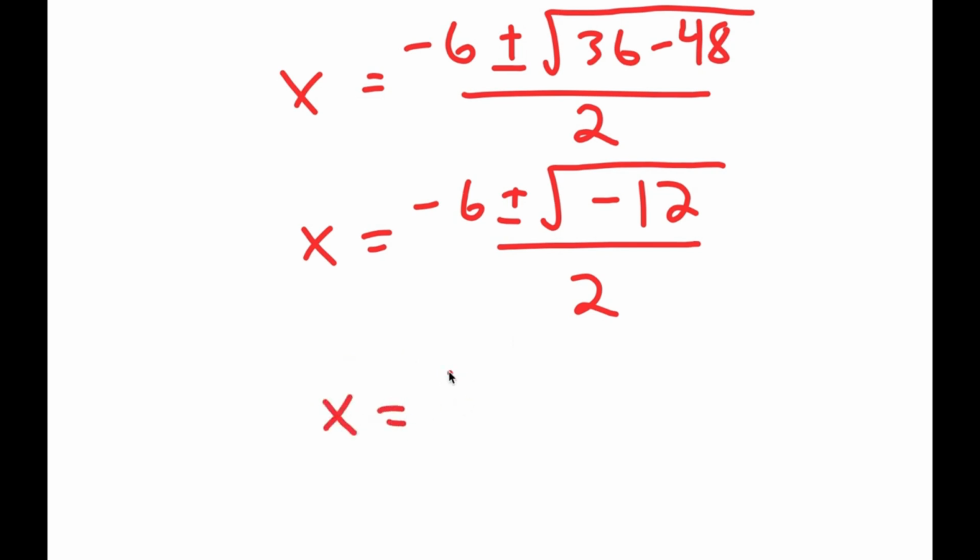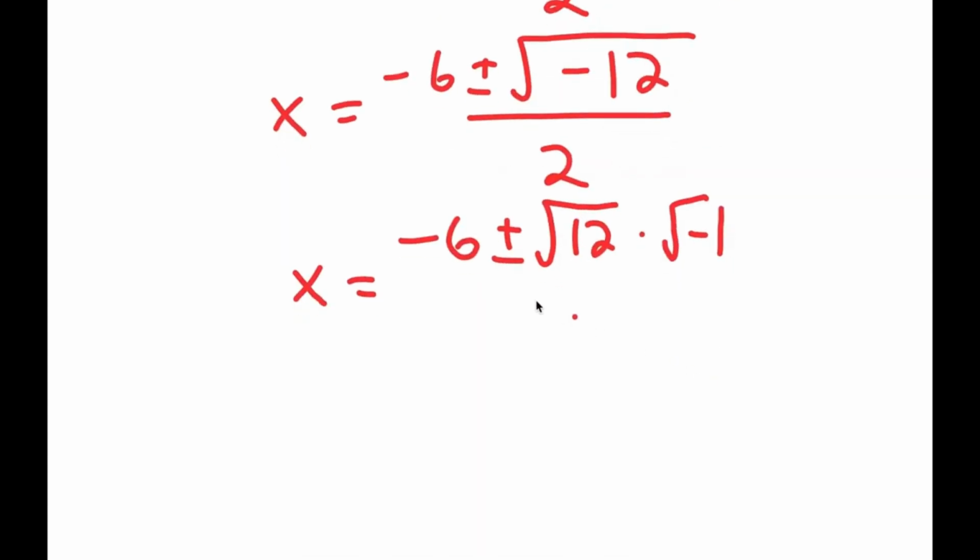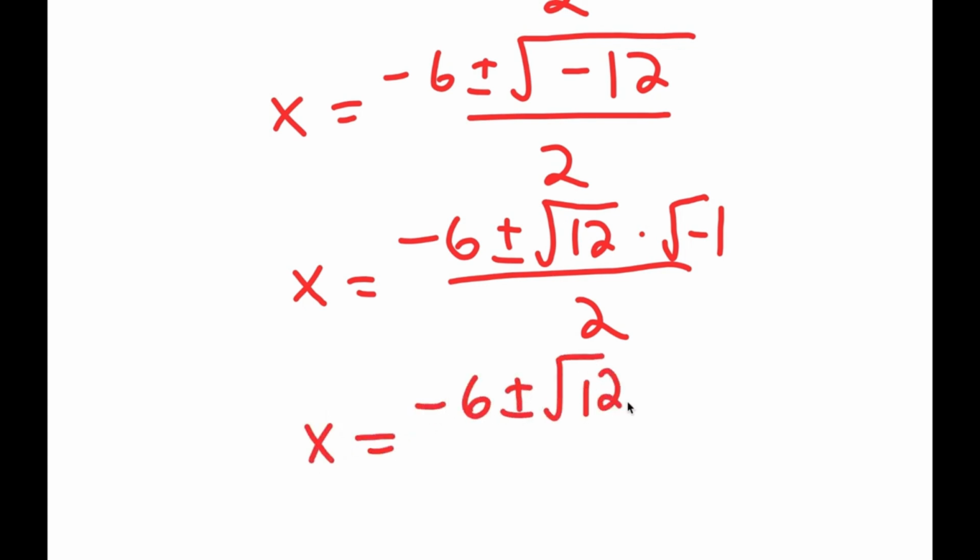Now from here, I have 6 plus or minus the square root of 12 times the square root of negative 1. And if you guys didn't already know, the square root of negative 1 is the same thing as the imaginary number i. So I get x equal to (6 ± the square root of 12 i) over 2.